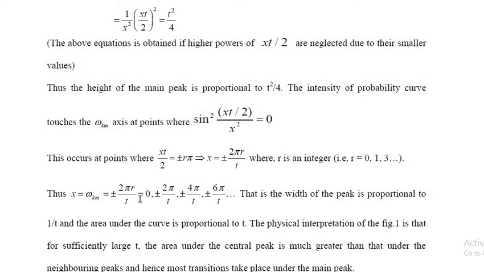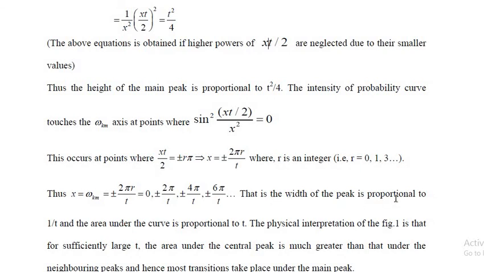So by substituting r equal to 0, 1, 2, 3 and so on, we can write ω_km equal to: when r is equal to 0 it becomes 0, when r is equal to 1 it becomes 2π/t, when r is equal to 2 it becomes 4π/t, when r is equal to 3 it becomes 6π/t, and so on. That is, the width of the peak is proportional to 1/t. Here, 1/t is common out of these terms.